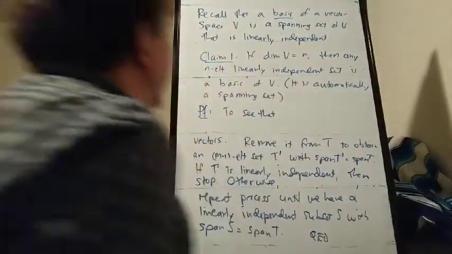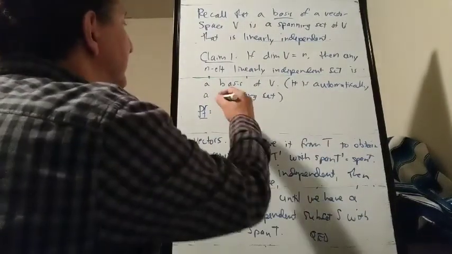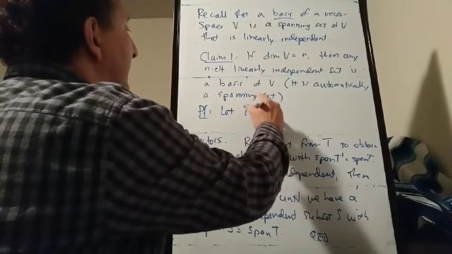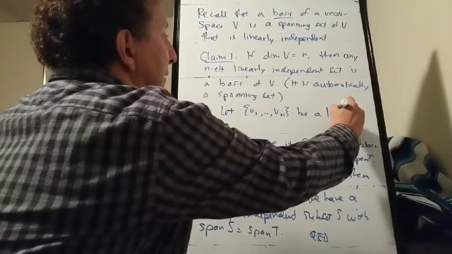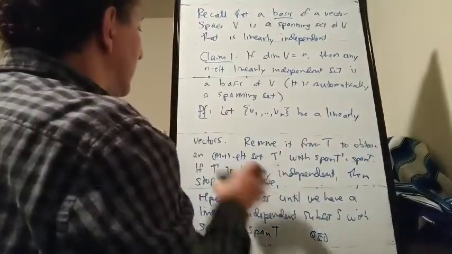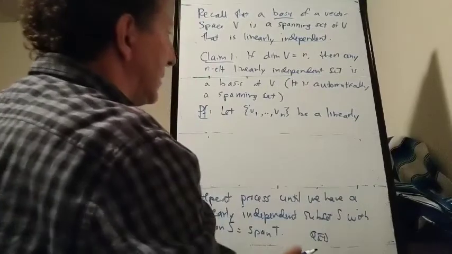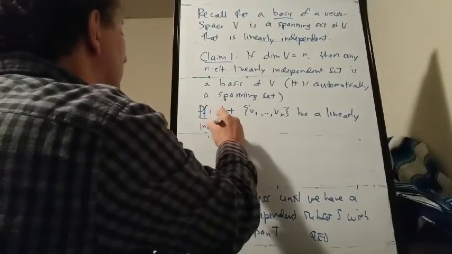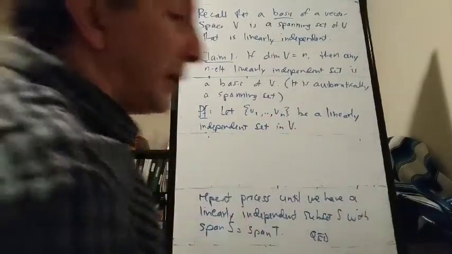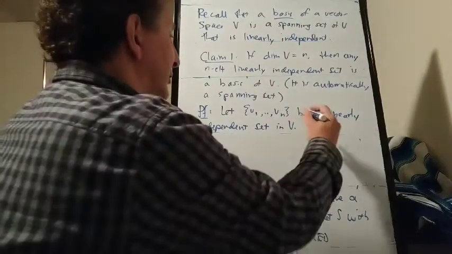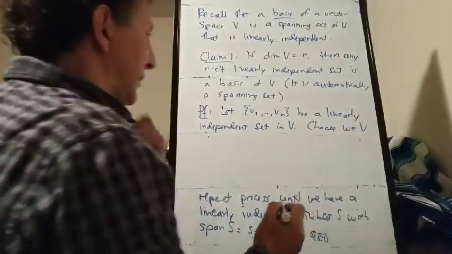Well, I didn't name my linearly independent set. So let's let v1 through vn be a linearly independent set. And let's choose some other vector W in the vector space.